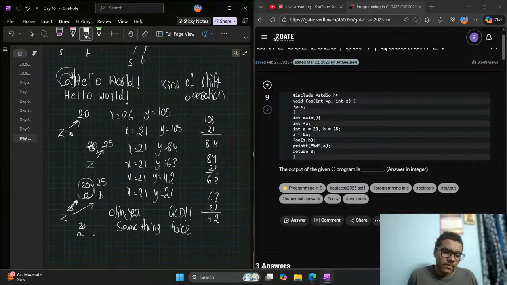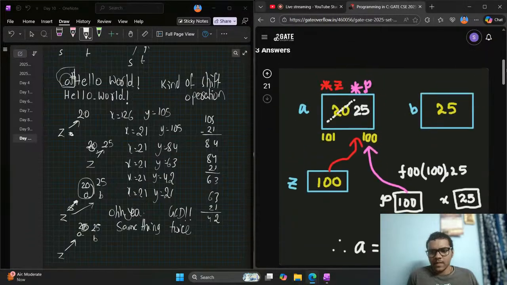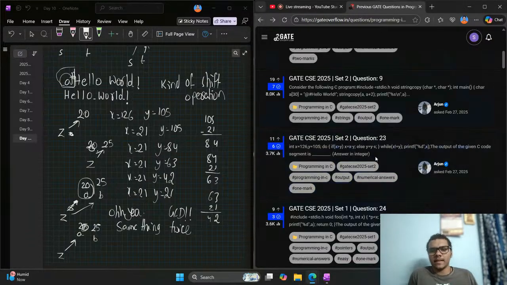So A value is 20, B value is 25. Z is initially pointing to 20, and this will be updated to 25. Yeah, my bad. Again, I did that.